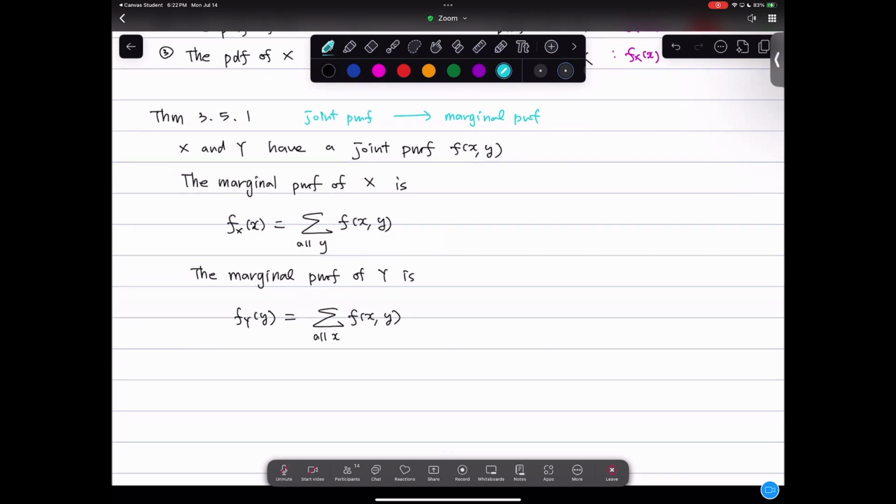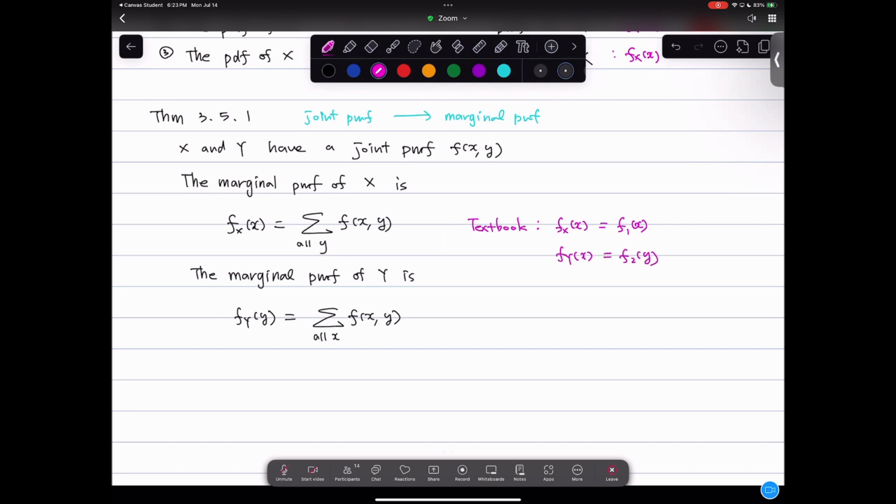So I'll give an example. Examples are way simpler than what it looks like. But I just want to make sure that your textbook is using a little different notation. I'm using f of x, which is pretty common, but the textbook is using f of 1 for x, and again, f of 2 for y.